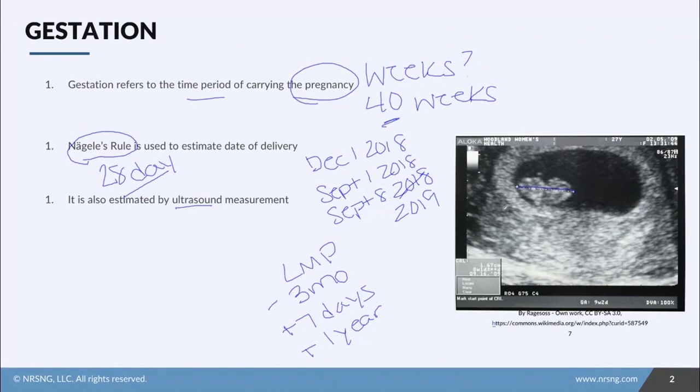That measurement is going to give us an idea on how far along she is in gestation. It can be off 7 to 10 days, because it depends when implantation occurred, and of course, maybe how the embryo is positioned. But that is another good way: an ultrasound measurement or doing Nagel's rule.